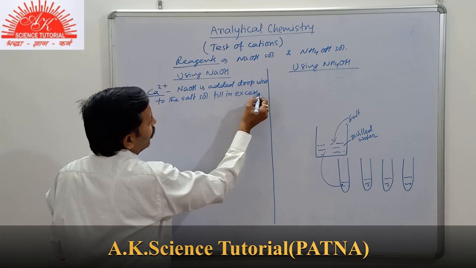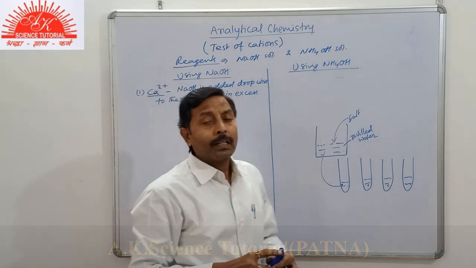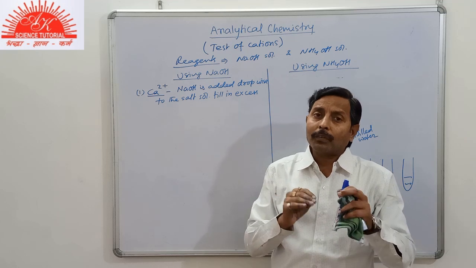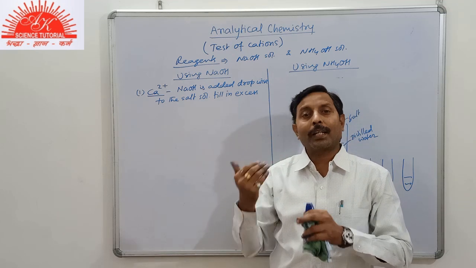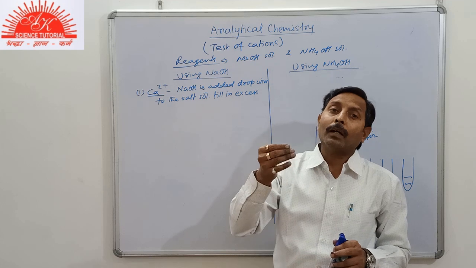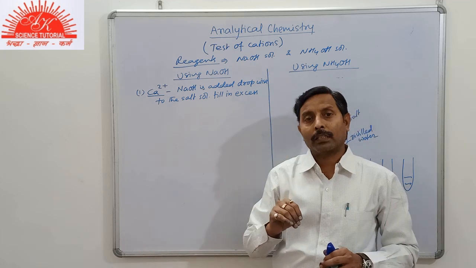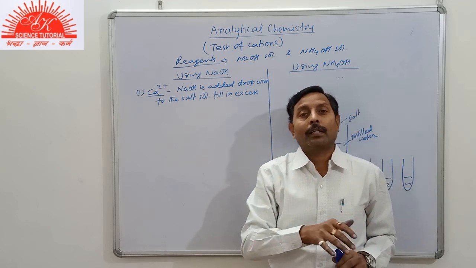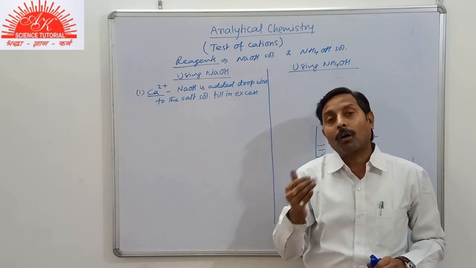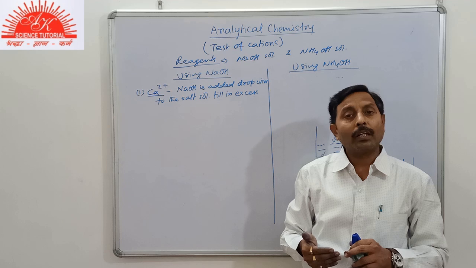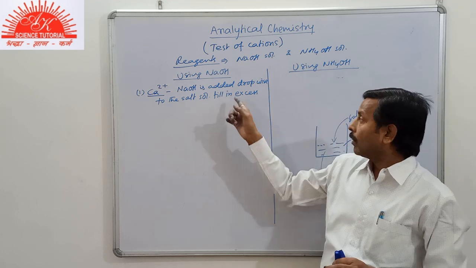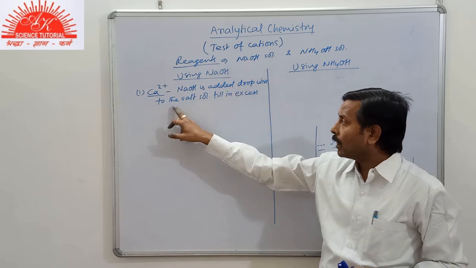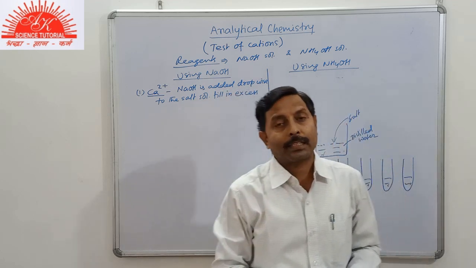Till in excess means when we add it dropwise, some changes will be observed, and after that, suppose a certain kind of precipitate is formed, then we continue adding NaOH and observe whether the precipitate dissolves or not in excess of NaOH or NH4OH. So we write here: NaOH is added dropwise to the salt solution till in excess.